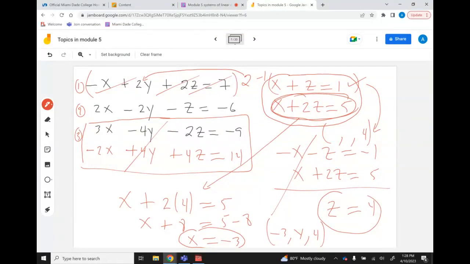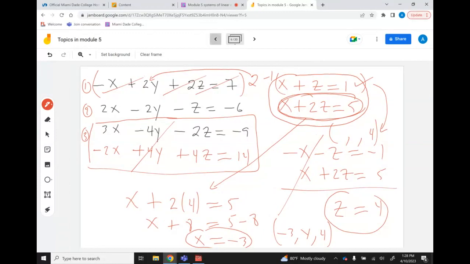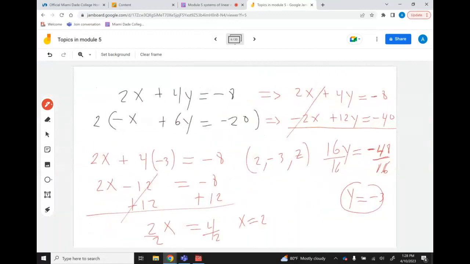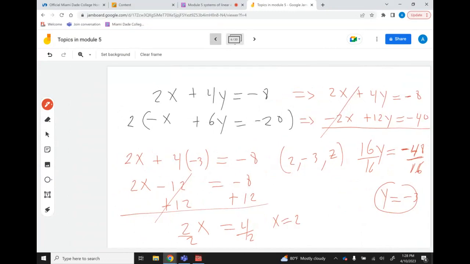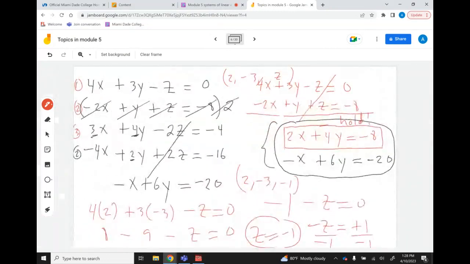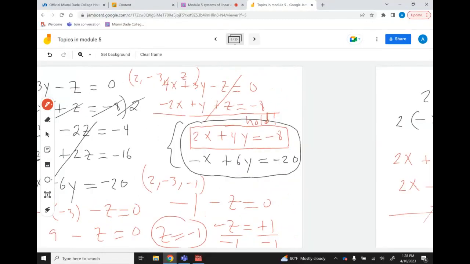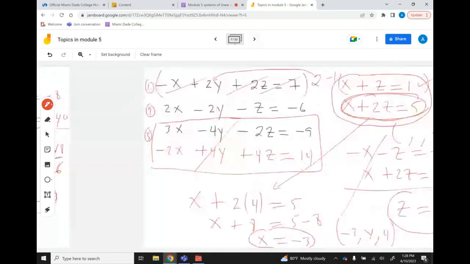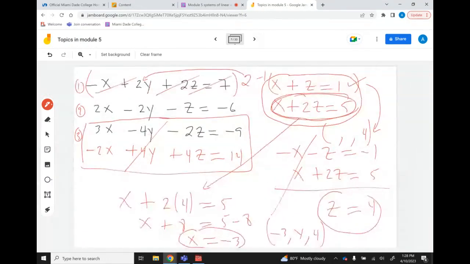Okay, so now I need to go back to this here, and I need to choose one of them. Right here. I thought I used a different page or different frame, but I'm still in the same frame.